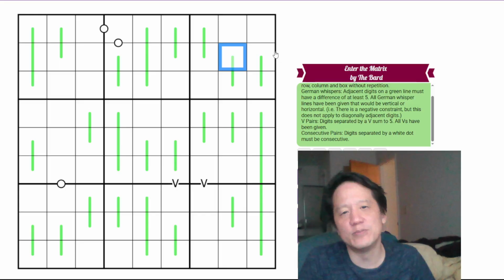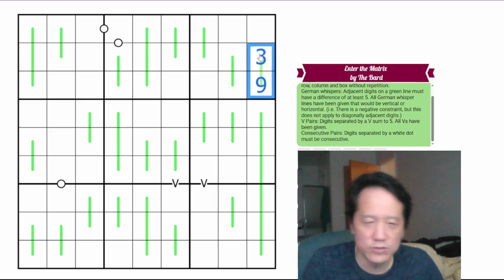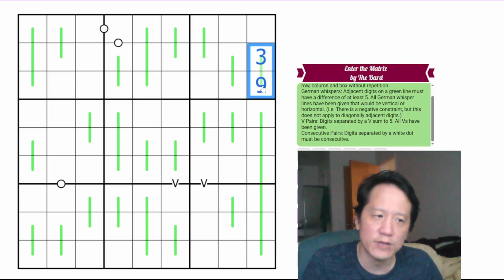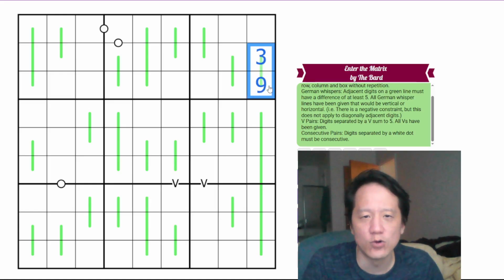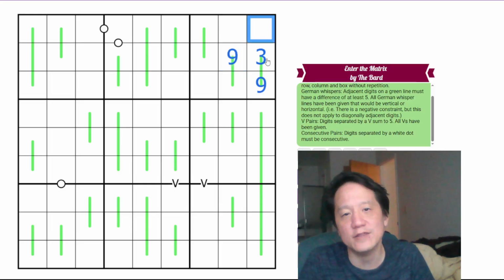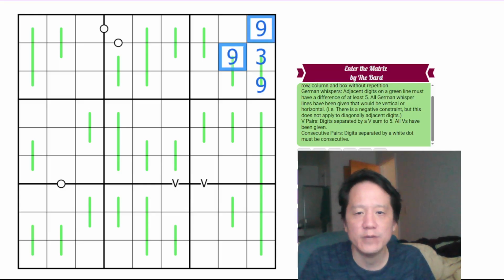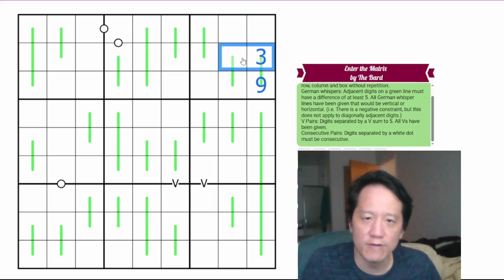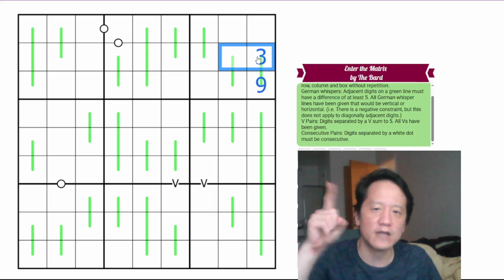Anyways, as an example, if this were a 3, this would have to be an 8 or a 9, because the only digits that are 5 or more away from 3 are 8 and 9. But this could not be 8 or 9, and this could not be 8 or 9, because remember, this is a negative constraint.